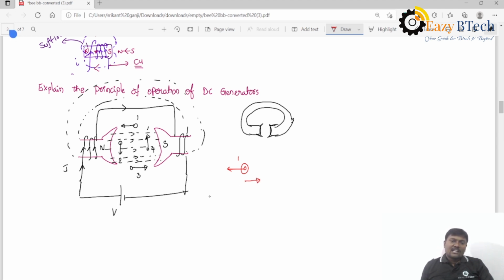There is no cutting action, so no flux lines are cut by the conductor. Induced EMF is 0.